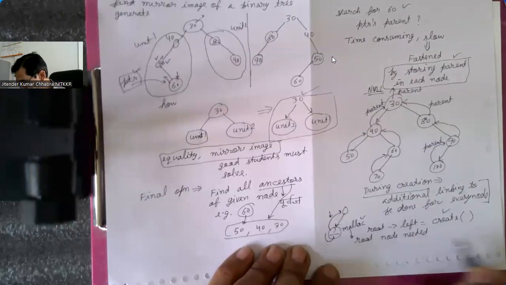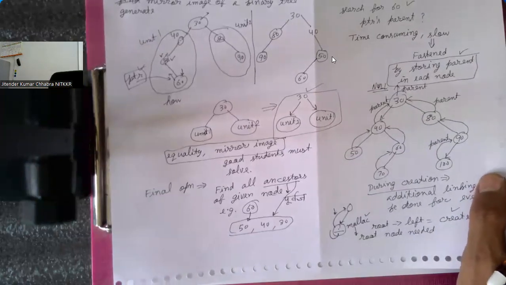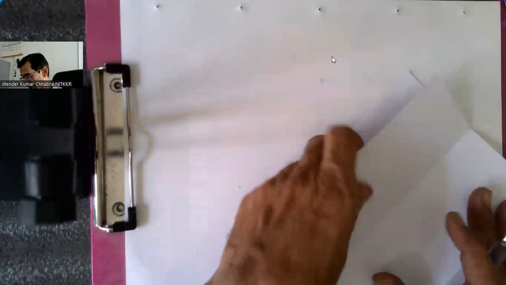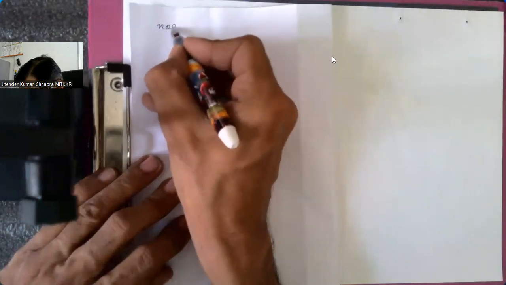And for this linking, you will need the root node also. So effectively, you will require some extra parameter, and the way we have discussed earlier also, that extra parameter will need to be passed here, and think in those terms. What does that mean? Effectively, that means the node structure will change.